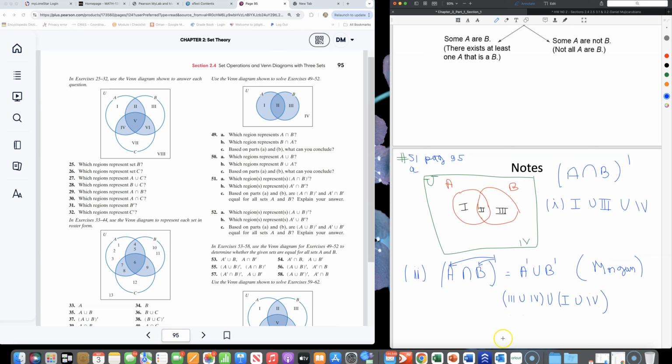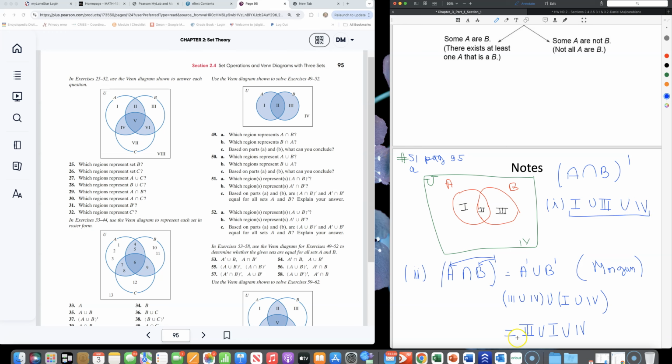So the union of this is region 3 union region 1 union region 4.